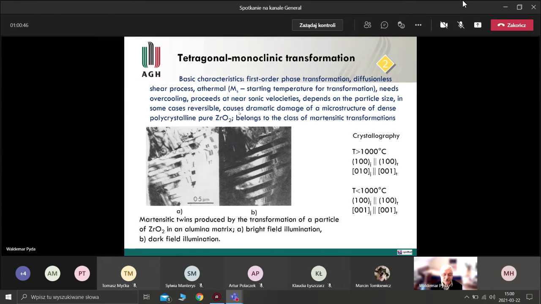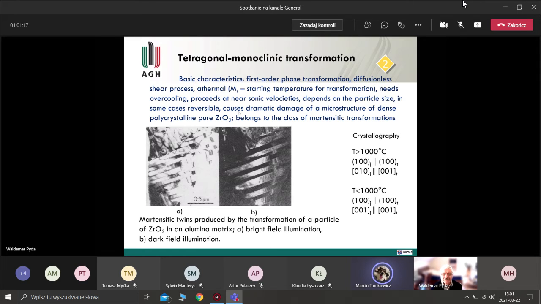Okay, and another question, and problem, is it possible to overcool the martensitic transformation? Yes. You said yes. Because you understand, the martensitic transformation needs overcooling to appear, yes? But is it possible to overcool this transformation?